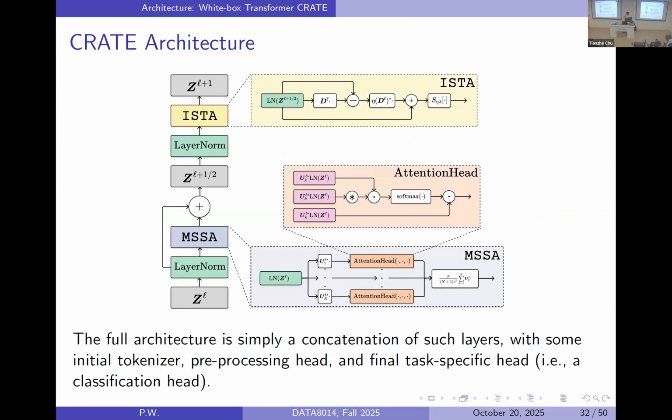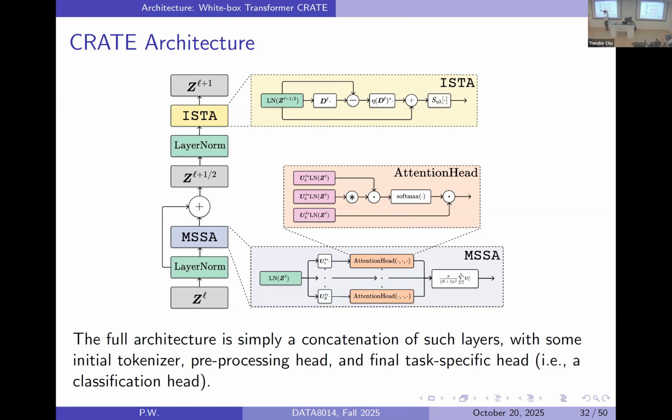Here is a visualization of the whole thing. We combine the previously introduced blocks and architecture design together. At the L-th layer, we have the output Z_L, first do layer normalization, and then go to the multi-head subspace attention we have introduced before.